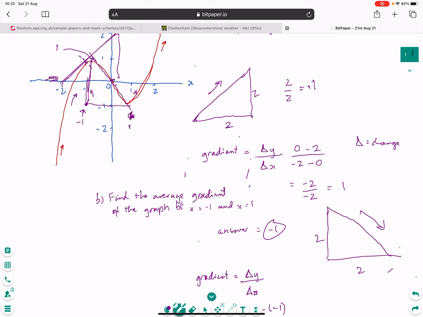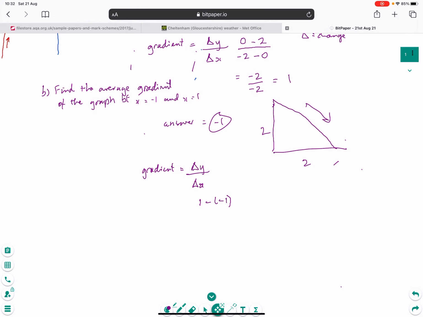Sorry, it's much easier in person. Minus 1 take away 1. Well, 1 minus a minus 1 is the same as saying 1 plus 1, which is 2. Minus 1 is minus 2. Equals, boom, minus 1.